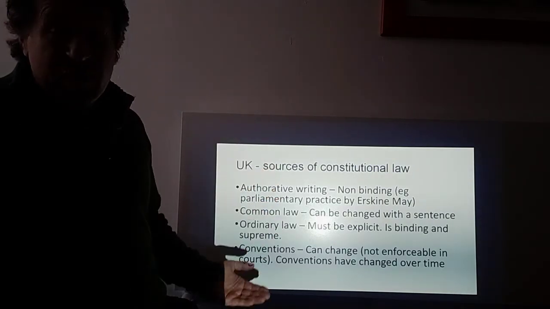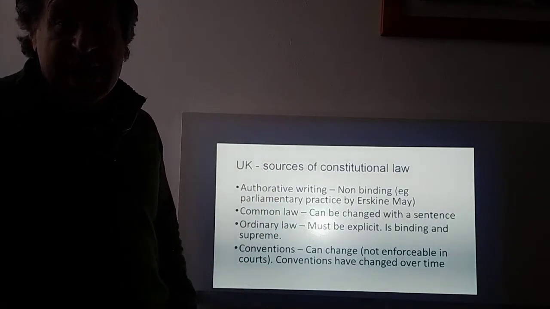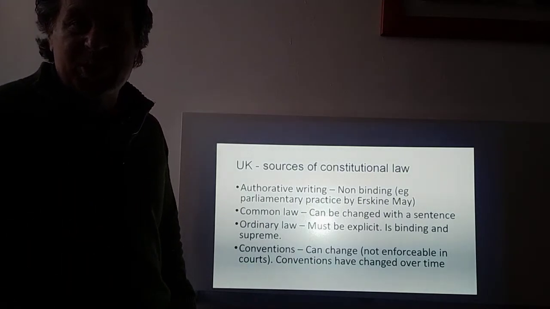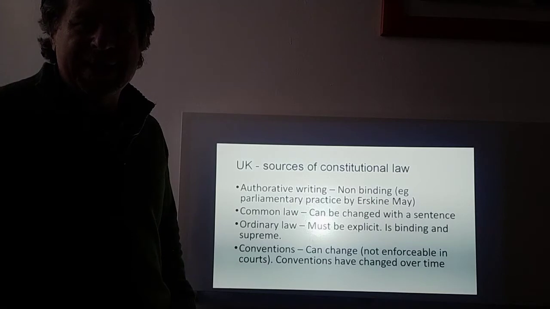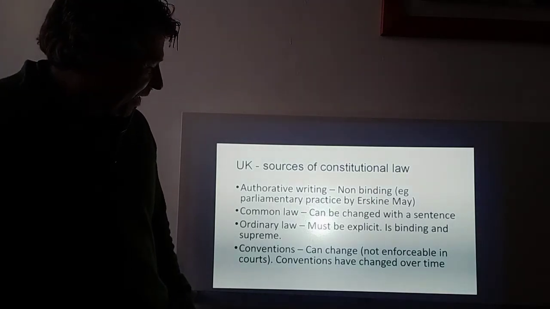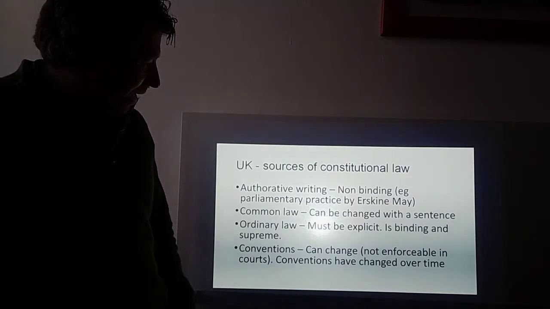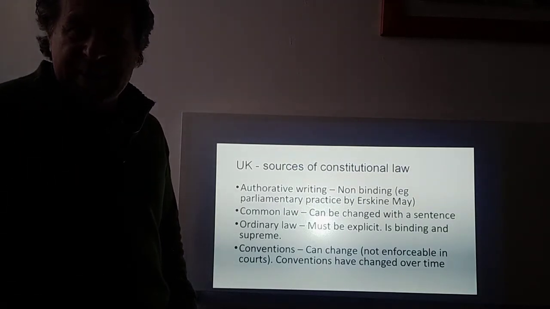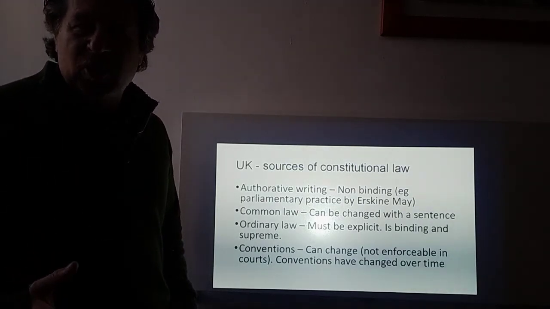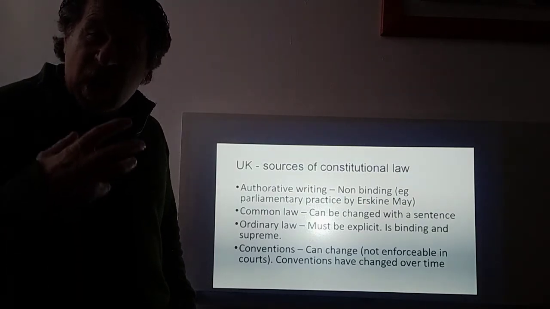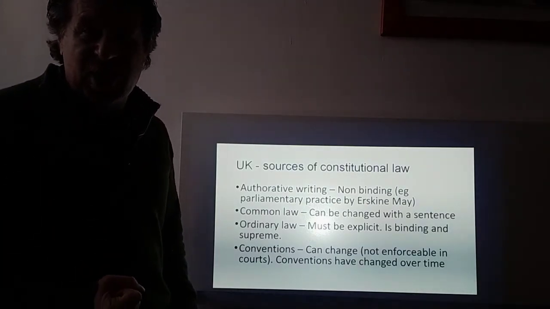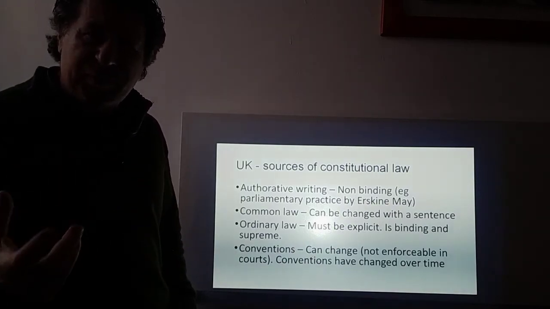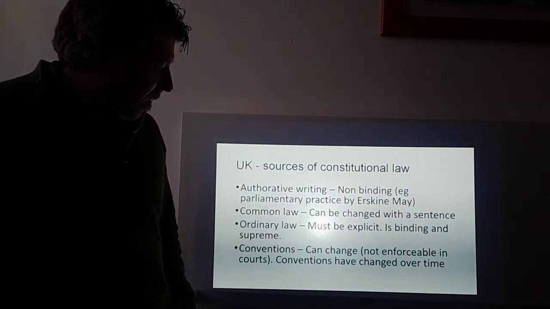But we can see from our constitution, what is the constitution if it's not binding and much of it can be changed very easily. That's the big difference with the English constitution and the Italian constitution. Ours is much less certain and much more mobile, much more free, if you like.